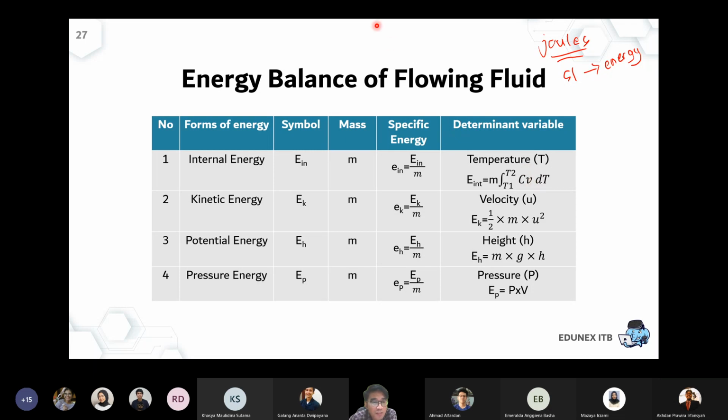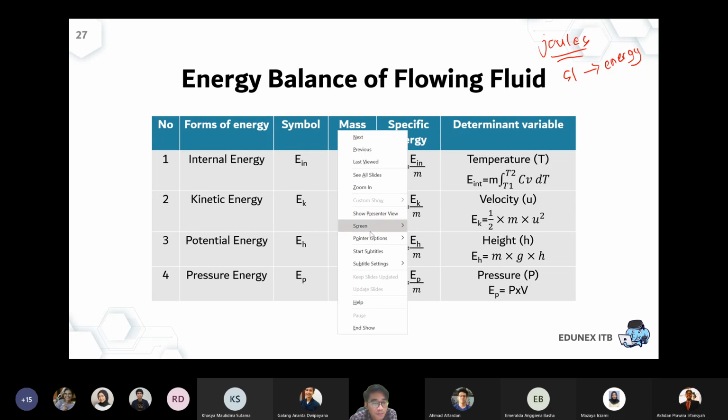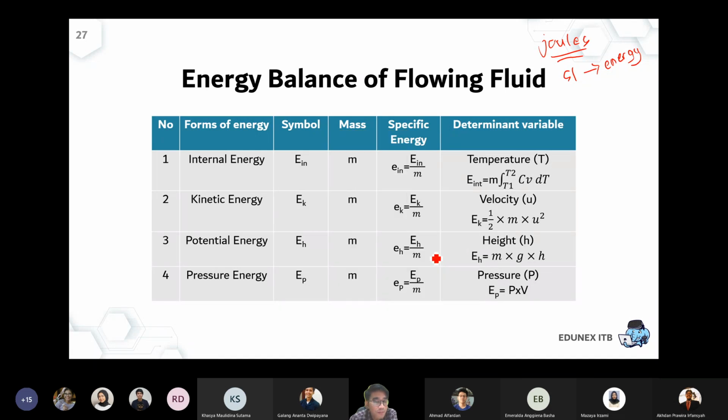What is the definition of CV? Ada yang ingat? Heat capacity measured in constant volume. Yes, correct. So it is basically the heat capacity of the fluid, calculated when the volume is constant.